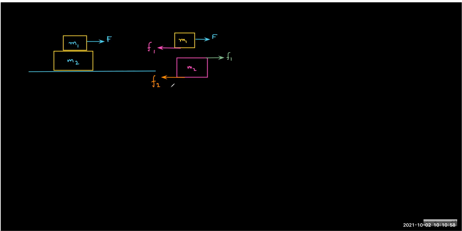Now, because there are two objects, let's say F2 is absent for the time, and we have M1 and M2. The driving force is capital F, and F1 is the force developed. So there are only two possibilities: either F1 equals F, or F is more than F1. F cannot be less than F1. Why?